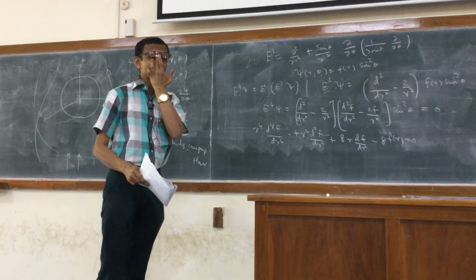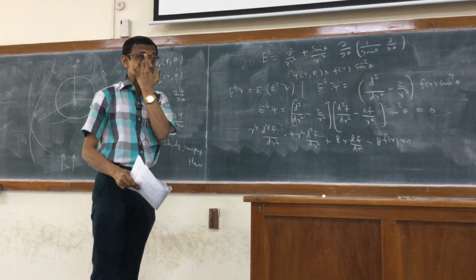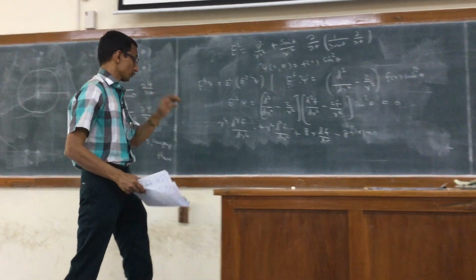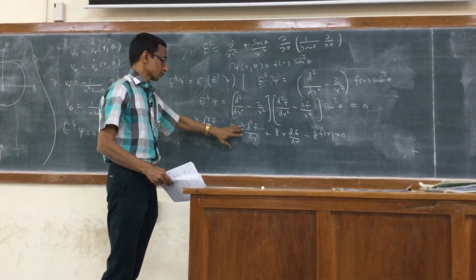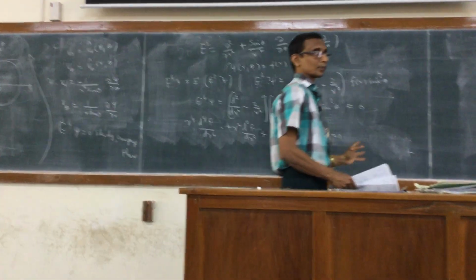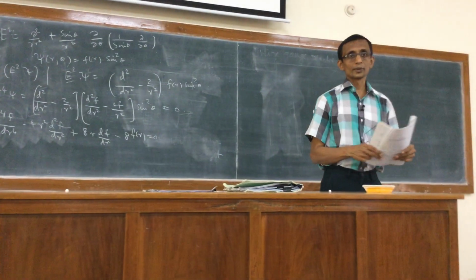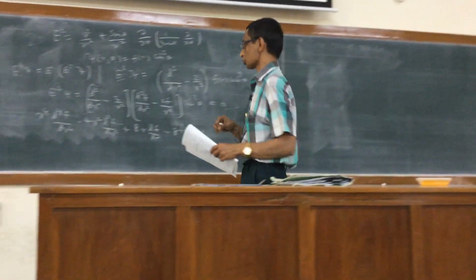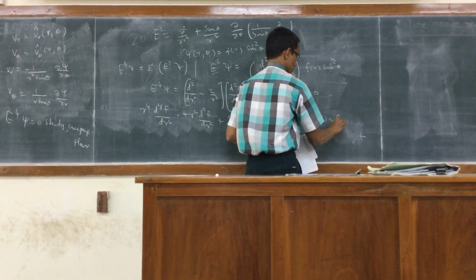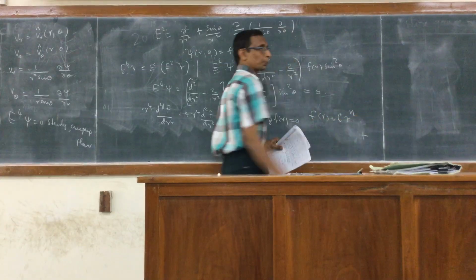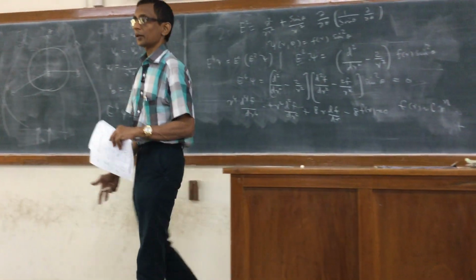This is what Birch will call an equidimensional equation. So if you have r power 4 that multiplies the fourth order derivative, r squared multiplies the second order derivative, and so on. So the standard way to approach the solution is to look for a solution that is proportional to r power n, where n is to be determined.